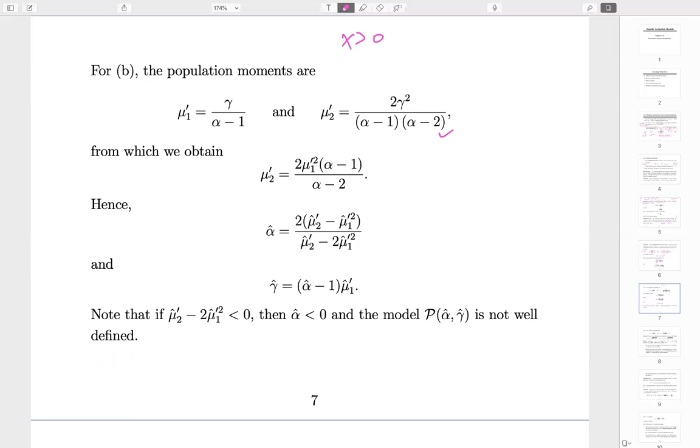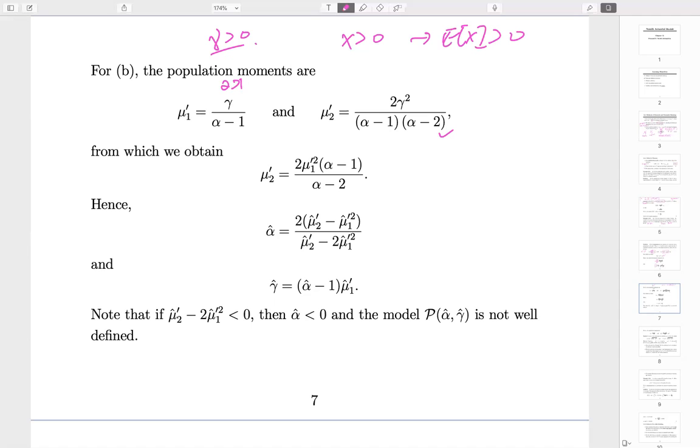If x is positive, the expectation obviously must be positive as well. So here, your parameter gamma is always positive, meaning in order to have a meaningful first moment, your alpha should be greater than 1, right?